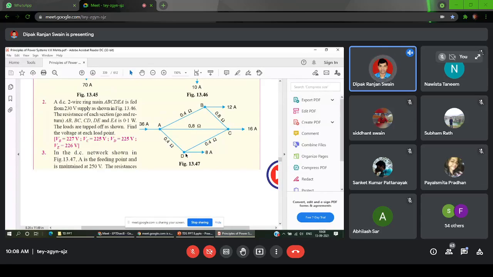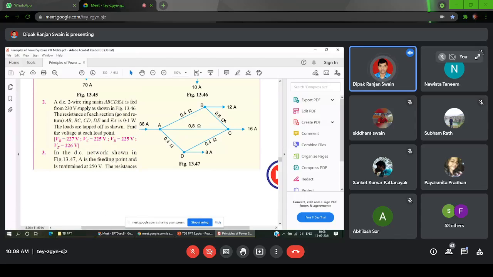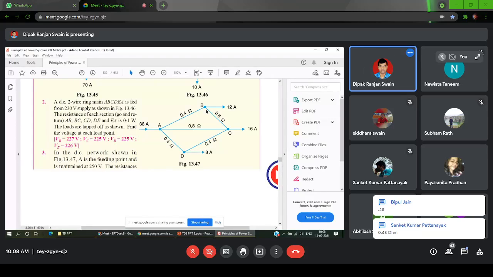This path in parallel with this path. Clear? So find out the equivalent resistance RAC. That is your R Thevenin. So these two in series, 0.4 and 0.8 in series. Similarly, 0.4 and 0.4 in series. And the total of each of them will be in parallel with each other.